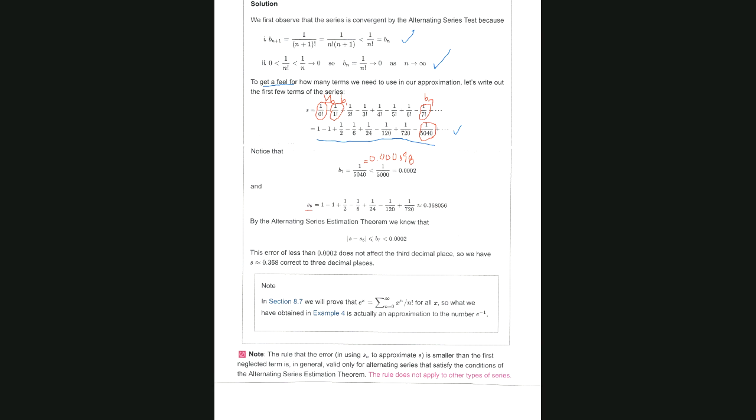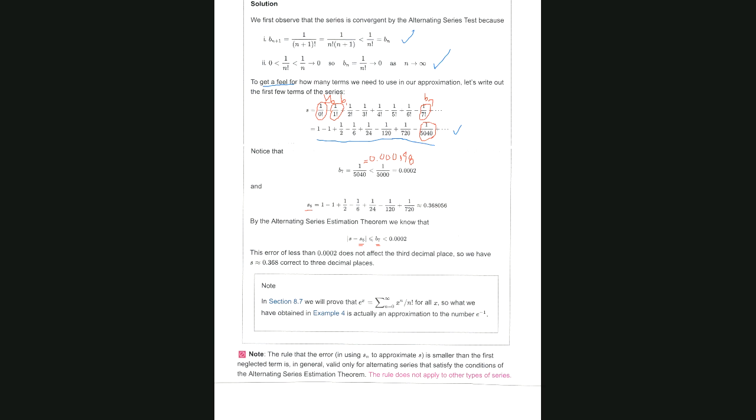That's going to be 0.368056, and we know the difference between the true sum S and this S sub 6, the sum of the first 7 terms, would have to be less than or equal to the 8th term, B sub 7, and therefore you have it correct to 3 decimal places.